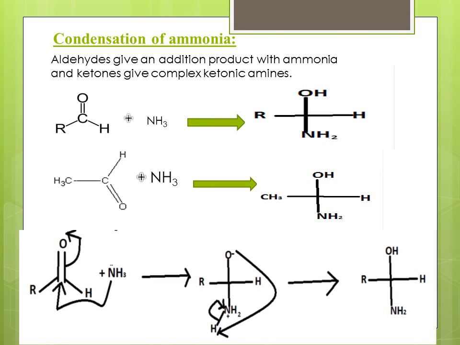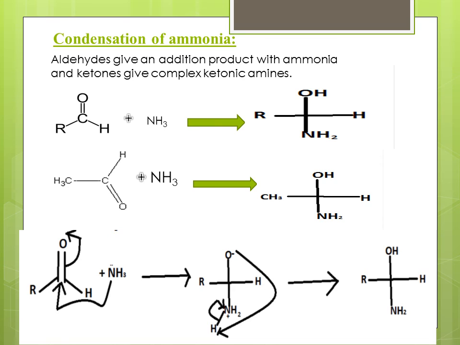Here, if you see the mechanism of how you get this addition product, the nitrogen in ammonia has a lone pair of electrons that will attack the carbonyl carbon of the aldehyde. Once it attacks, the bond will shift, making a negative charge on the oxygen atom. The nitrogen forming a new bond generates a positive charge, making it ammonium because it has 4 bonds.